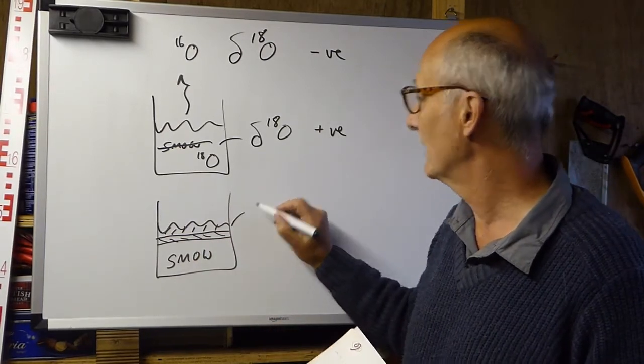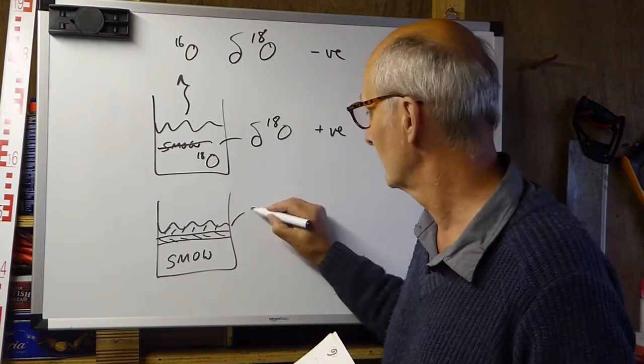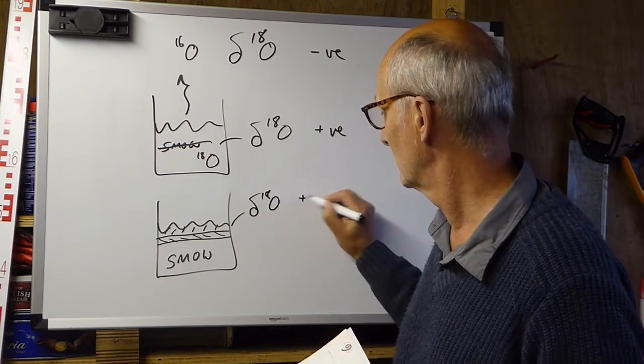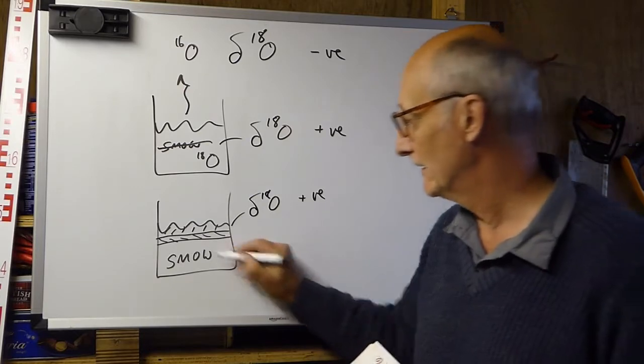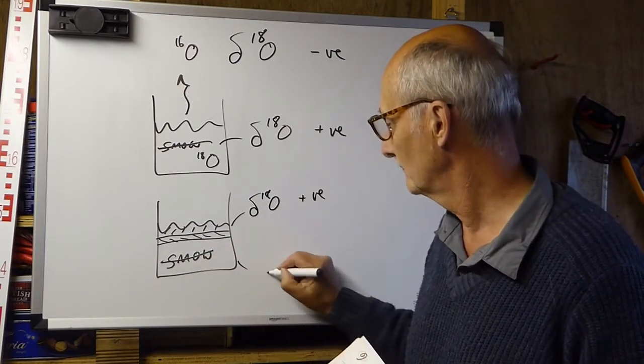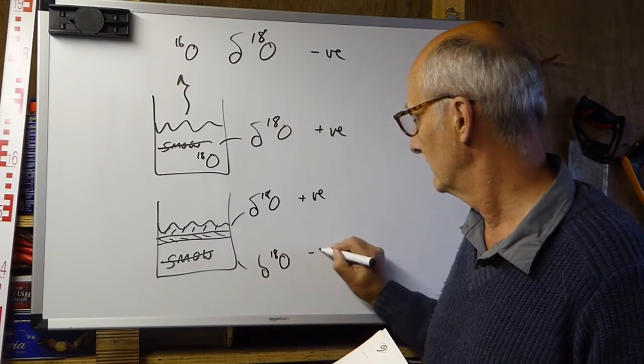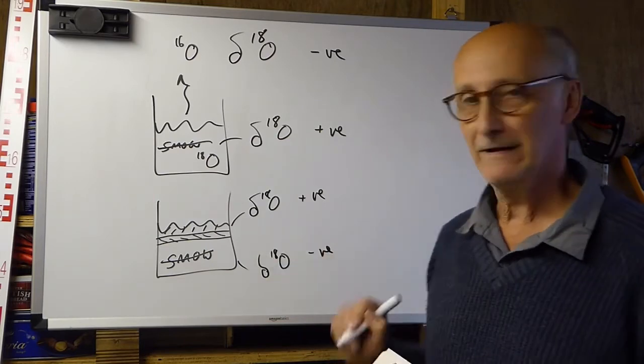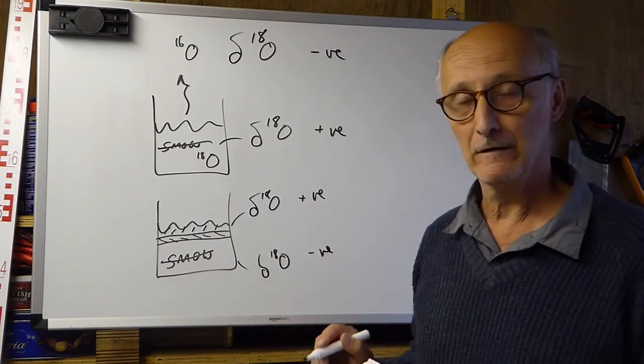So here we have positive outcomes in the ice, and we have negative outcomes in that remaining reservoir of water.